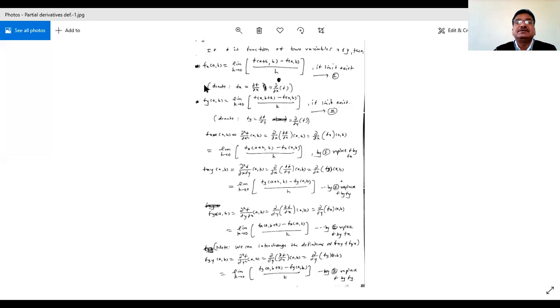So observe these definitions. What is f_x(a,b)? It is limit h tends to 0, [f(a+h,b) − f(a,b)]/h.